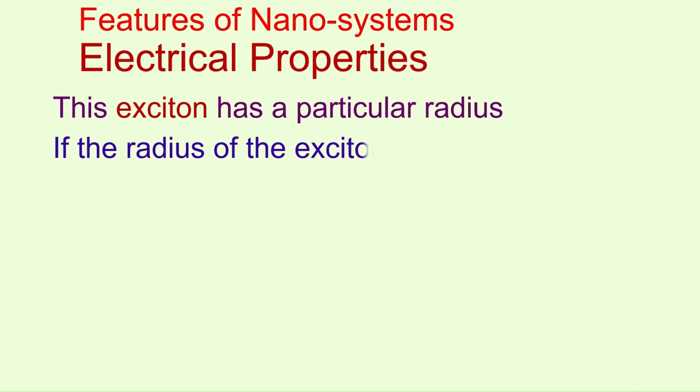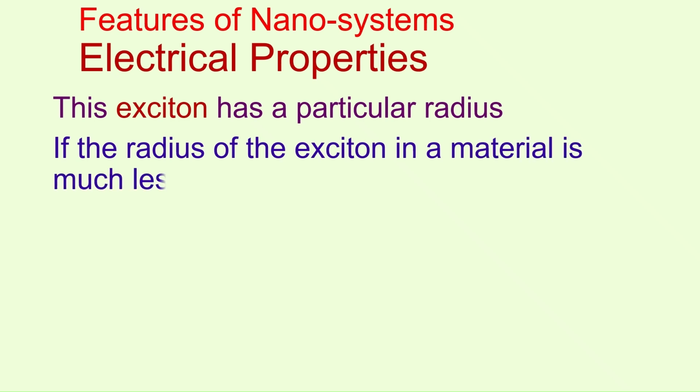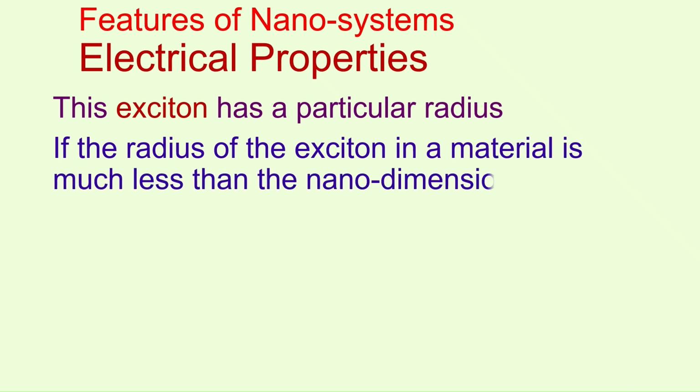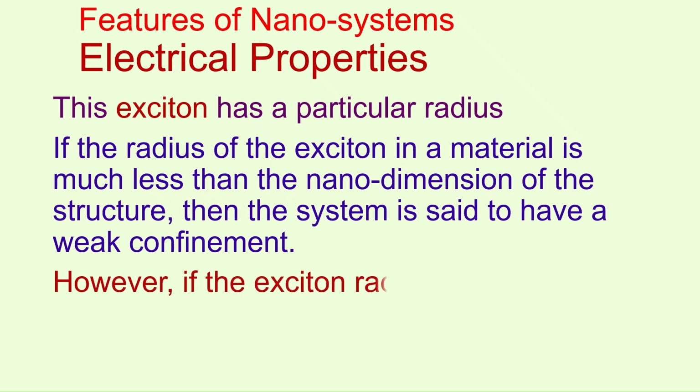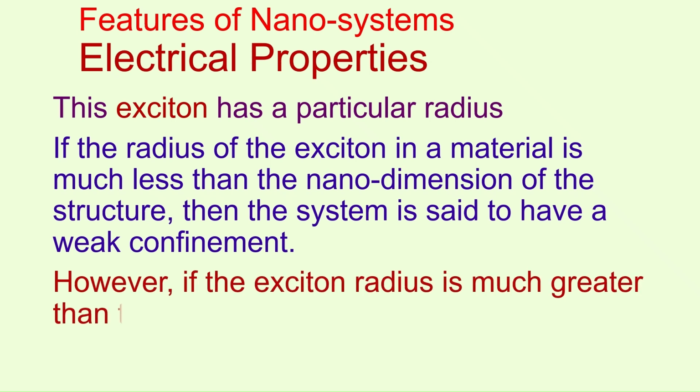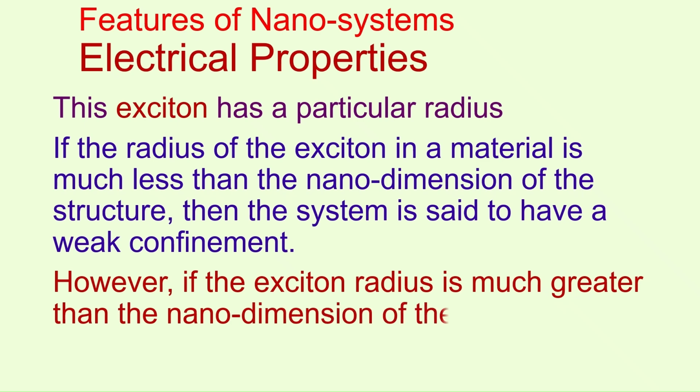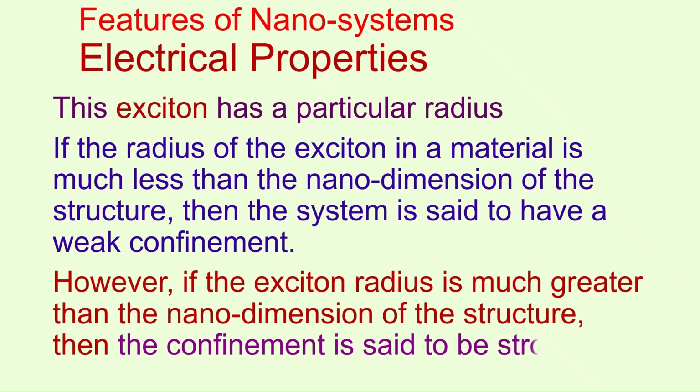This exciton has a particular radius. If the radius of the exciton in a material is much less than the nanodimension of the structure, then the system is said to have a weak confinement. However, if the exciton radius is much greater than the nanodimension of the structure, then the confinement is said to be strong.